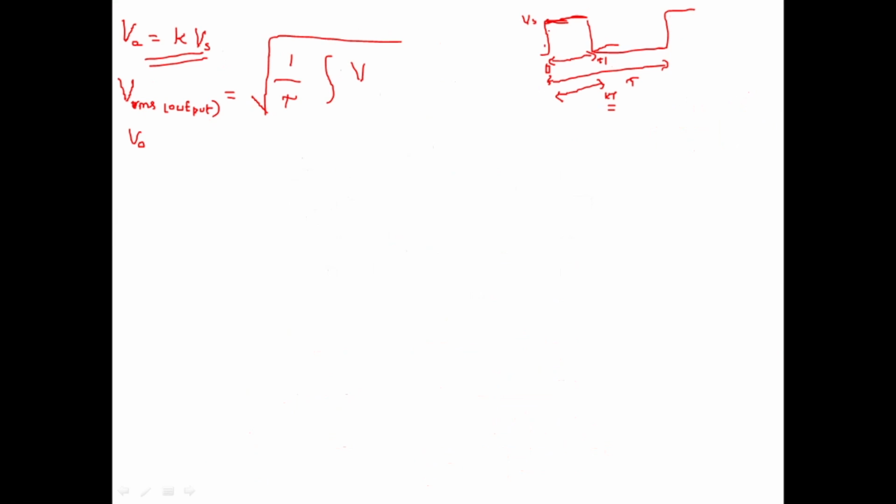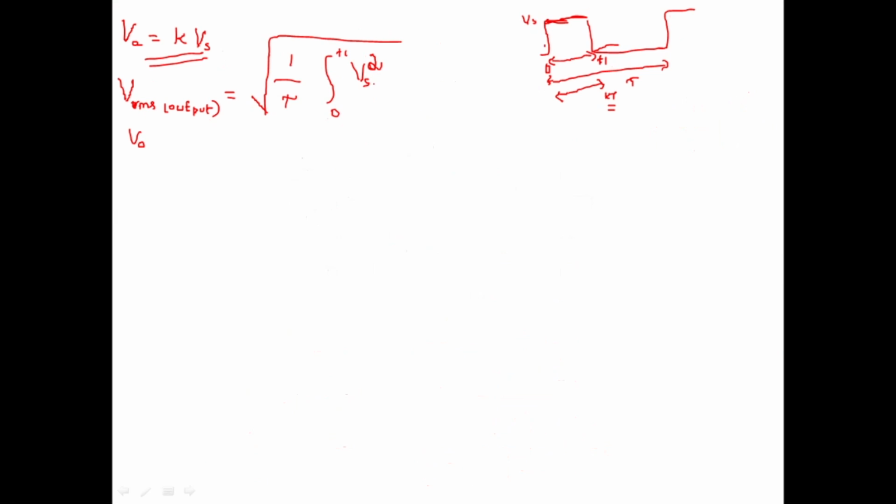What is the amplitude? Vs. Its square is Vs squared. Non-zero, 0 to Vs, it is starting from 0. I am integrating till T1, from 0 to T1, of Vs squared.